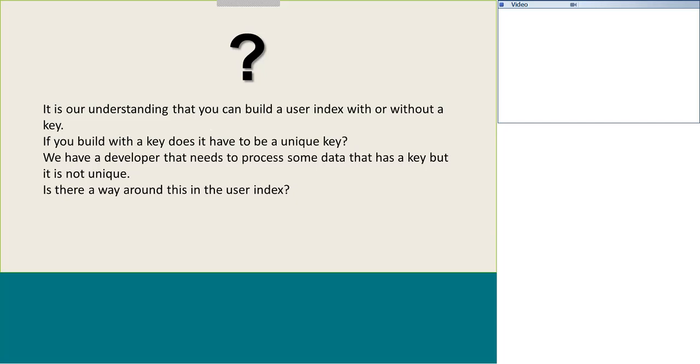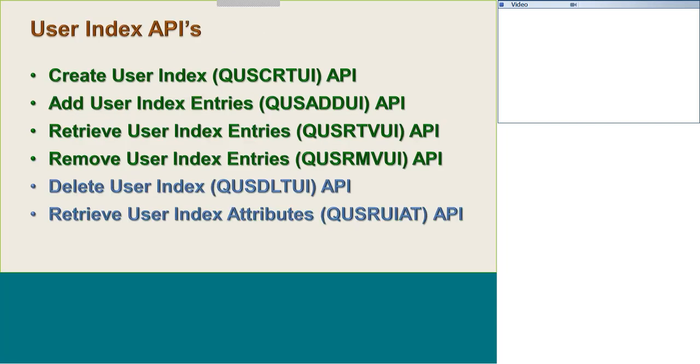The keyed portion is X number of bytes from the front. And if you want a duplicate, you can't have a duplicate key with a different non-key portion of the entry. So the question is, is there a way around? The answer is there's always a way around. We'll find one.